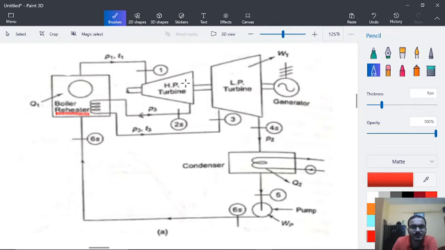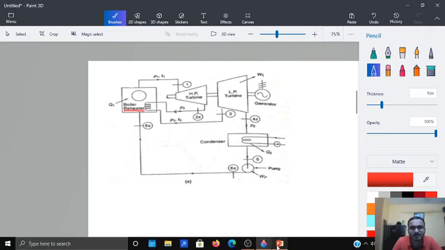So the only difference which is coming here is the division of the expansion process with in between addition of heat, that is done in the reheater. So that's the things which are there in the reheat cycle.